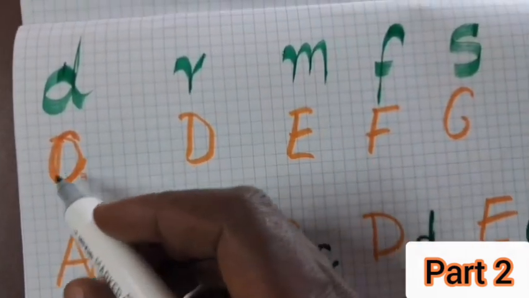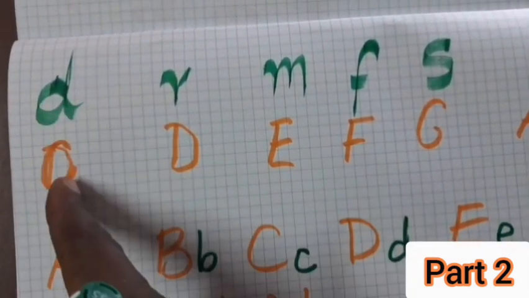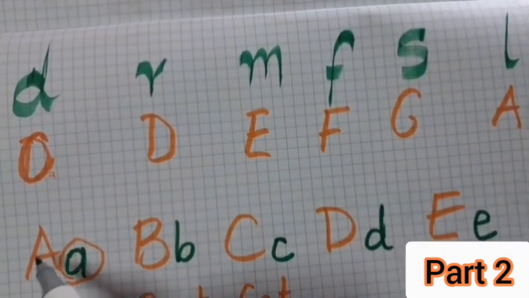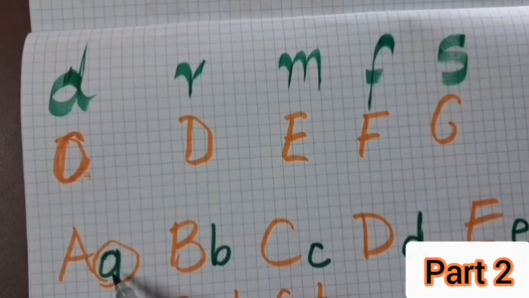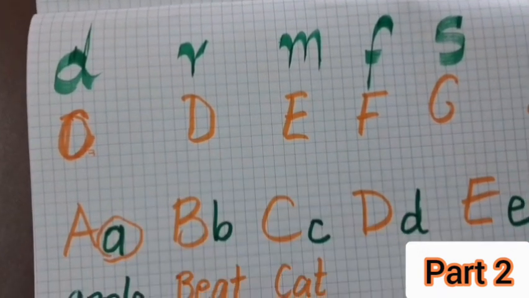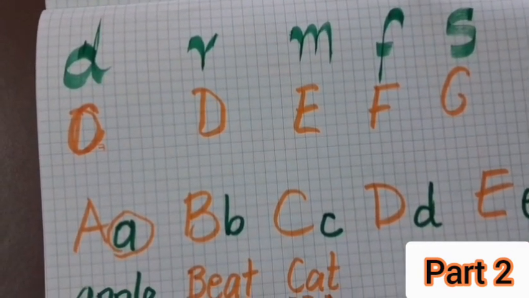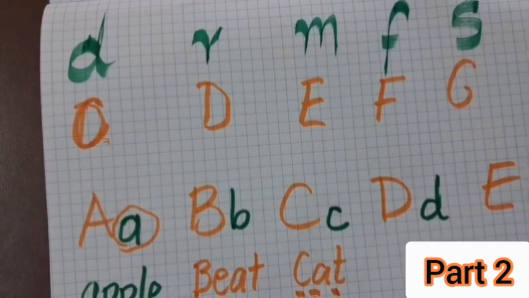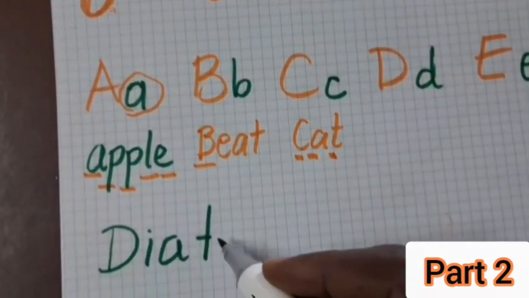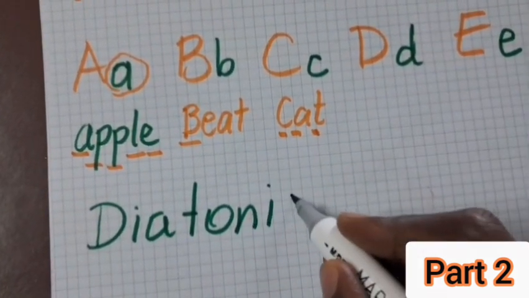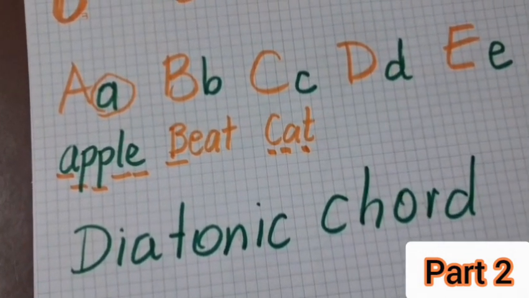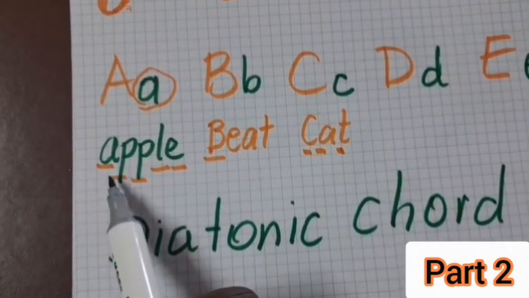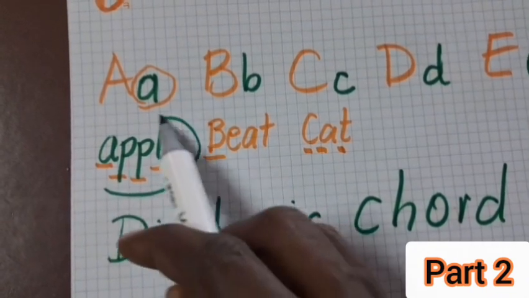Now, this is the sound like capital A. This is the sound like the small a. Now, to get a diatonic chord is like getting this word.